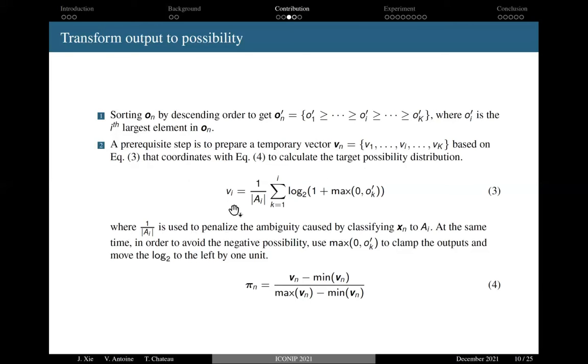In this equation, as we can see, the divisor is used to penalize the ambiguity caused by classifying sample to subset. At the same time, in order to avoid the negative possibility, we clamp the outputs greater than 0 and move the log curve to left by 1 unit.